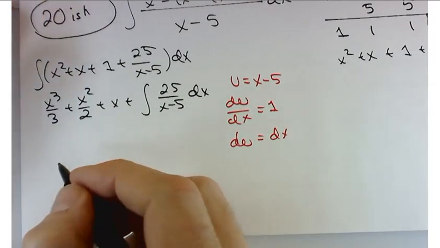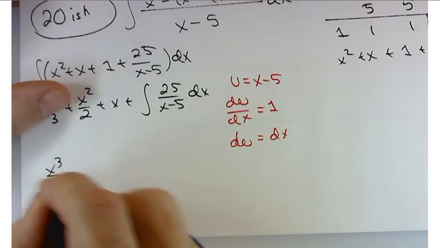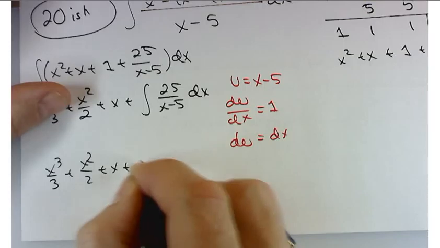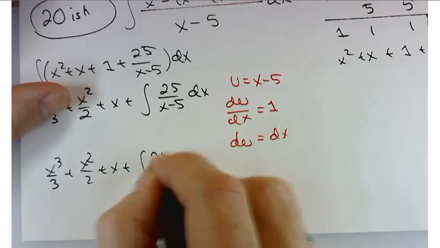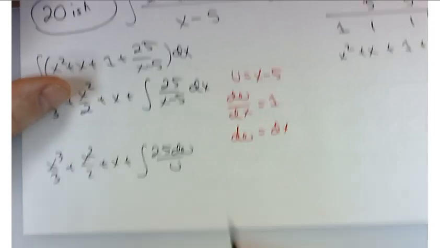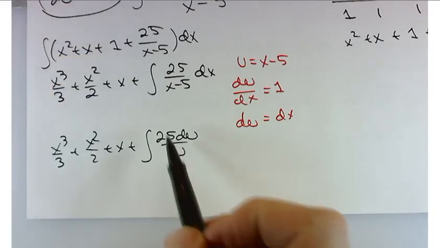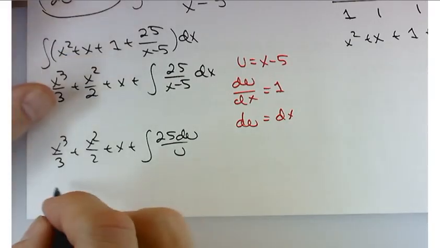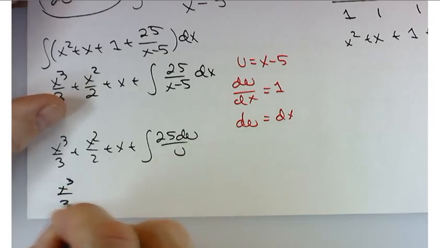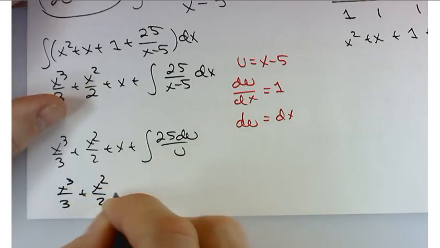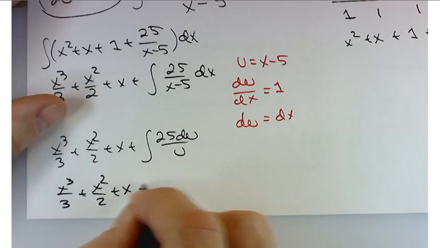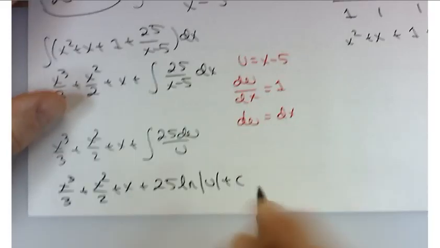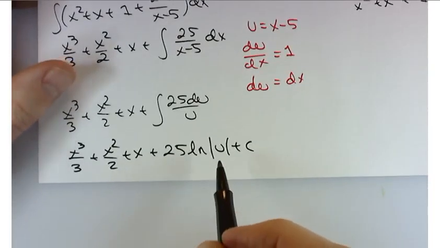We're going to get x cubed over 3 plus x squared over 2 plus x plus the integral of 25 du over u, which is just 25 times the log of the absolute value of u. So x cubed over 3 plus x squared over 2 plus x plus 25 times the natural log of the absolute value of u plus a constant. Now this should look weird to you.